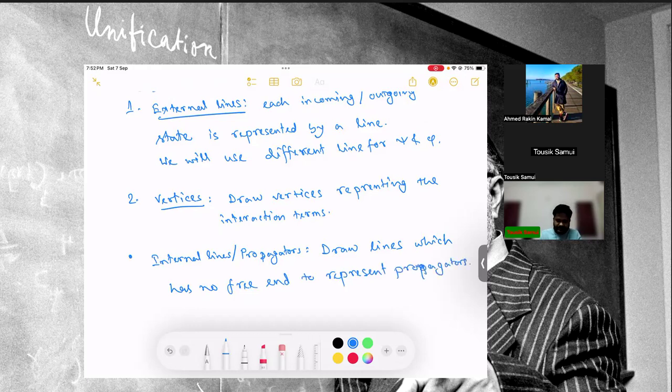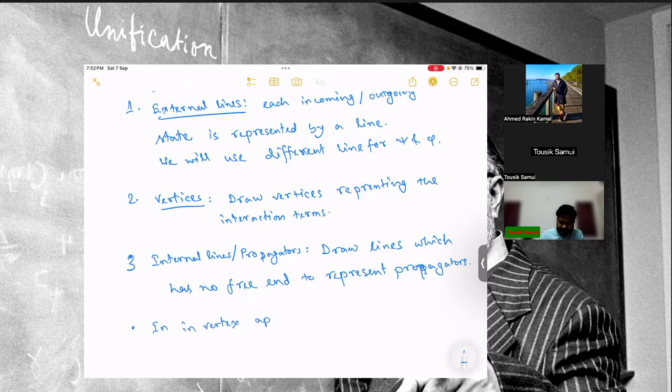And in each vertex, apply conservation of momentum.